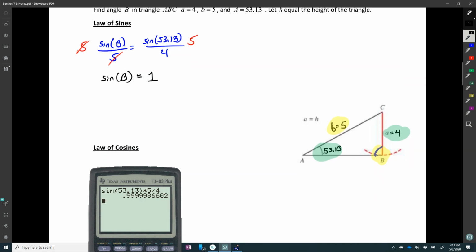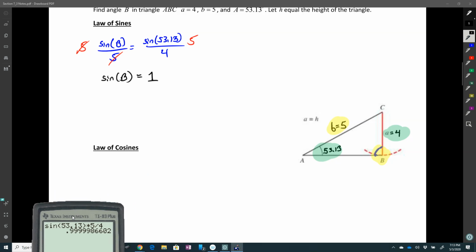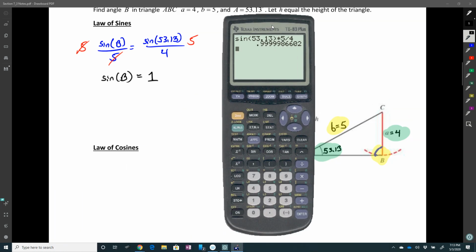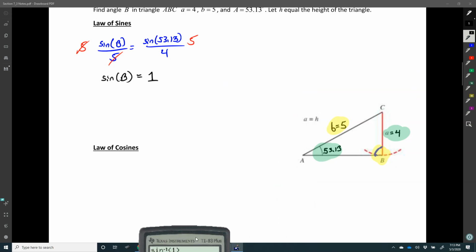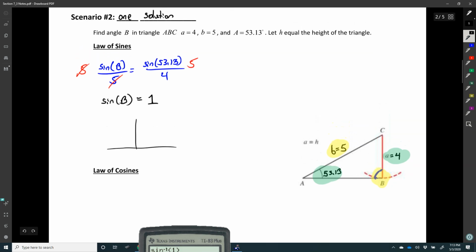Okay. Now notice this is a case that only has one solution. I mean, yeah, you can do the inverse sine of 1 and get 90. But this only has one answer, because if you were to draw the grid here, where this is 0 degrees, this is 180 degrees, the only time that sine is 1 is right there.